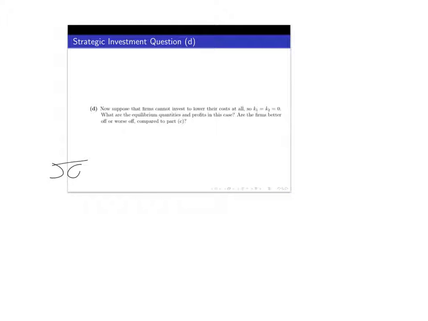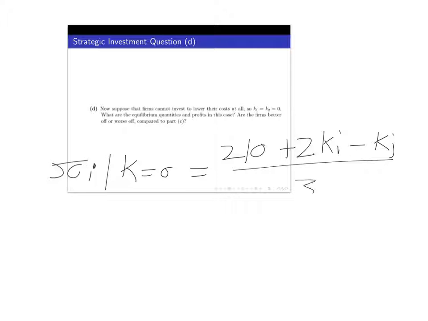But why bother? We've already got this. As a quick refresher, we know that profits are equal to ((210 + 2ki - kj) / 3) squared minus ki squared.